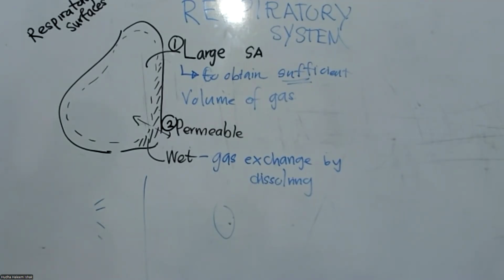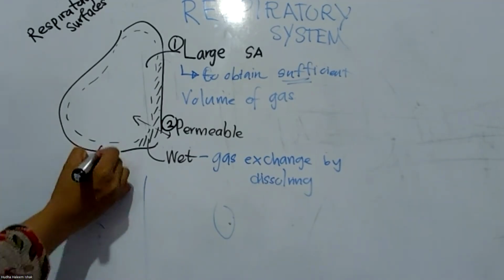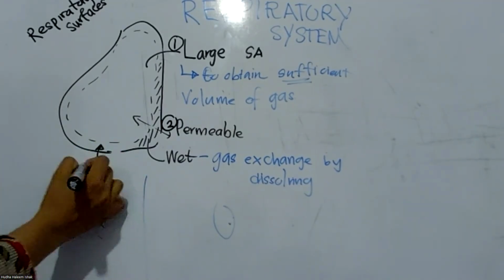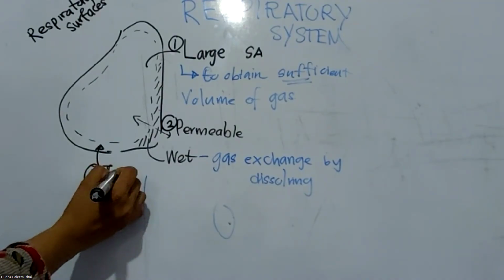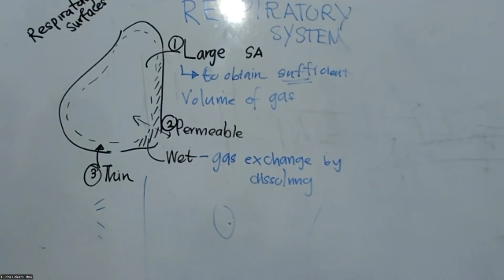So having a very thin membrane is also allowing for what? For an efficient short distance diffusion. Short distance gas exchange. So the third main character is it must be thin.